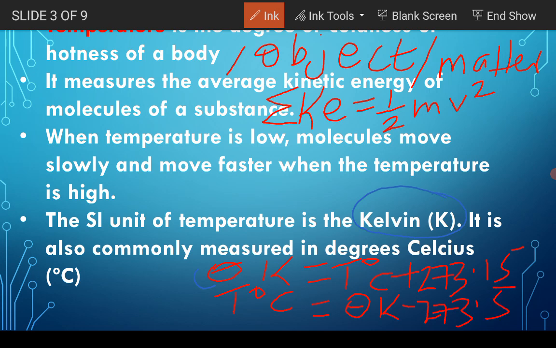All right. But in scientific work, it is appropriate to present temperature in kelvins rather than in degrees Celsius, unless the question has clearly instructed you to leave your answer in degrees Celsius. That's fine.